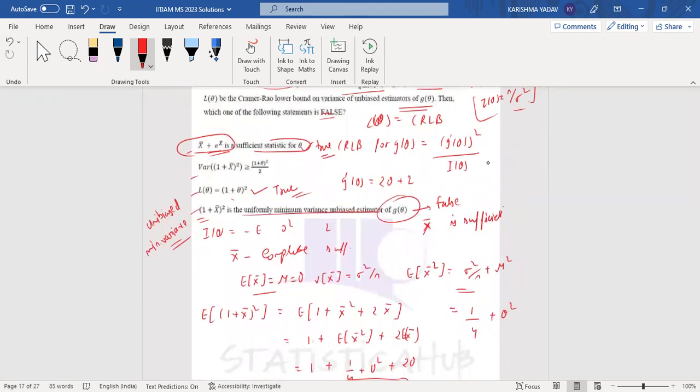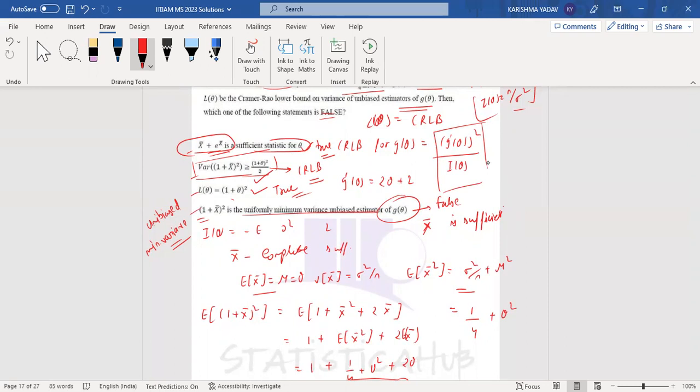If you also want to check this part, that is the variance of 1 plus x bar whole square being greater than or equal to 1 plus theta whole square upon theta, what you have to do is simply apply the Cramér-Rao lower bound, that is g dash theta whole square upon I theta, and check whether you are getting this result or not. I am definitely sure that you will get this result, because it is so simple.